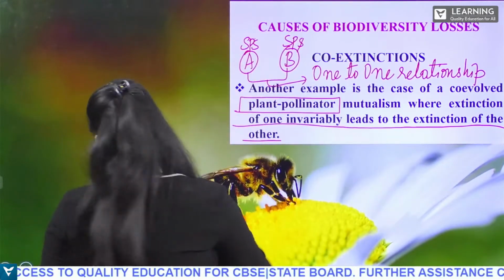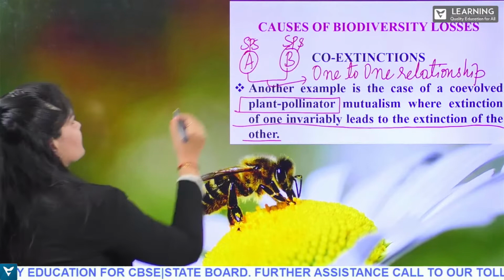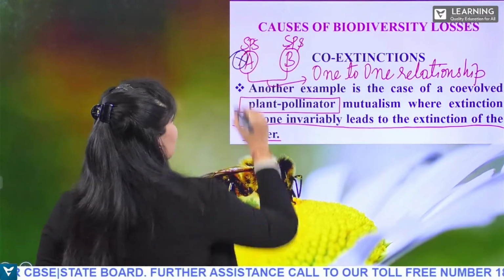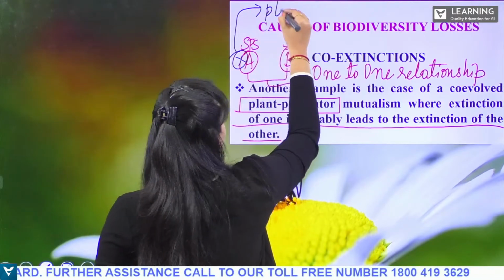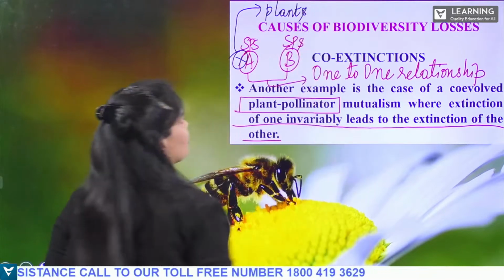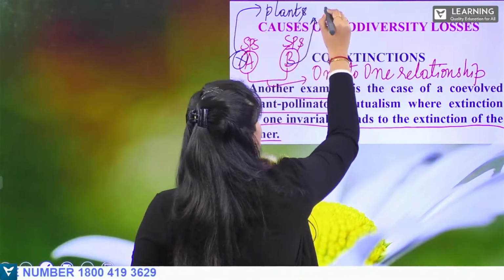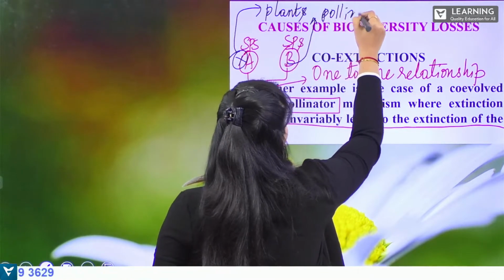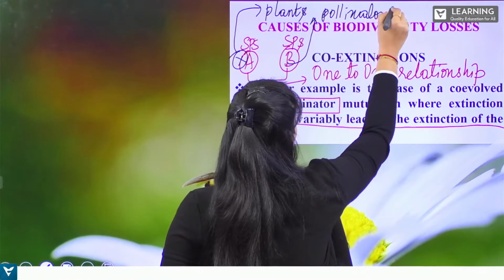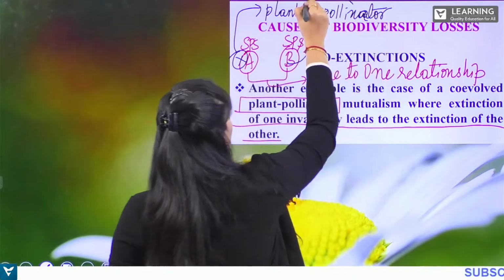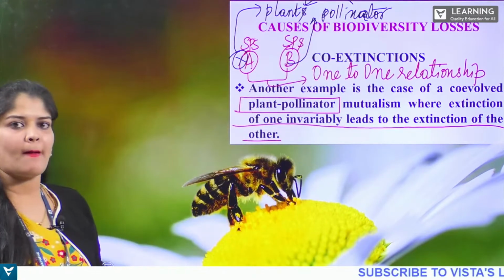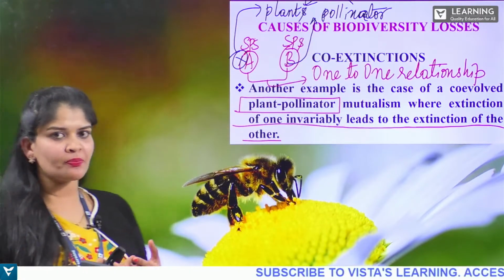If A becomes extinct, that means if the plants are extinct, then this pollinator will not get the food, as it is co-evolved to meet the needs of the plant and to get its own benefits.